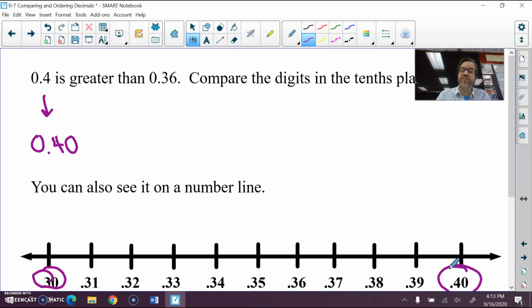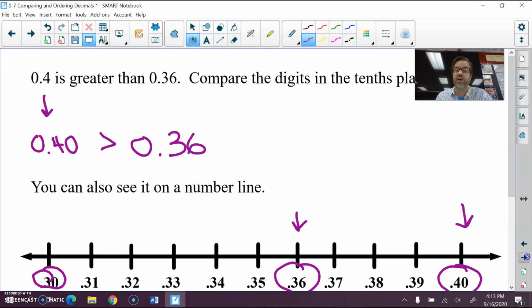And I have filled in everything in between, 31 hundredths, 32 hundredths, all the way up to 39 hundredths, and then 40 hundredths. And you can see 0.4 is way over here. 0.36 is back here. So 0.36 is less than 0.40, and 0.40 is greater than 0.36. So you can see it on a number line as well.